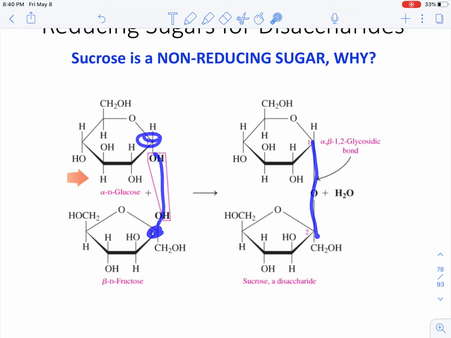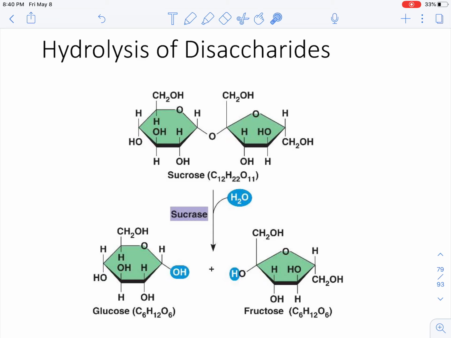So it's kind of like a dead end. Okay. And so I talked about hydrolysis earlier. Hydrolysis is just the addition of this water molecule to break up this glycosidic bond to reform the OH, the alcohol, or the hydroxyl group that's present in both of those sugar molecules.